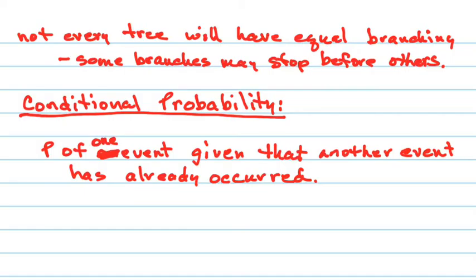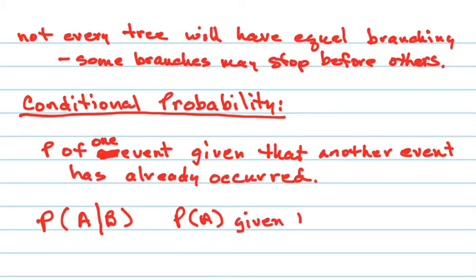And to get conditional probability, we have to do a little more math than we do for just a straight probability. And it also has a little funny notation. It's written as the probability of A, a thin line, B. This is read as the probability of A given B. So, even has a special notation.